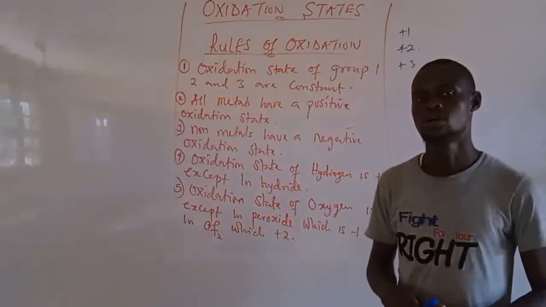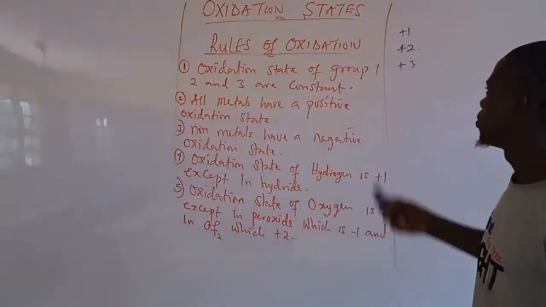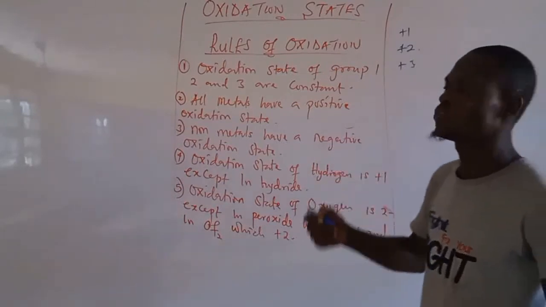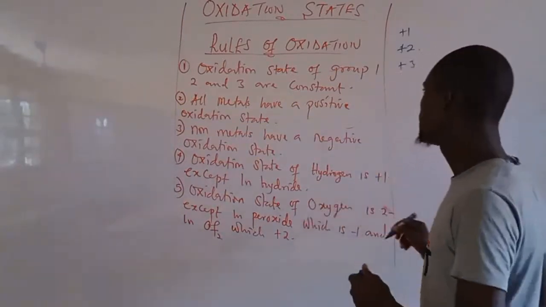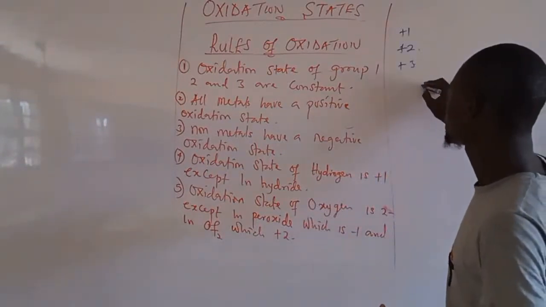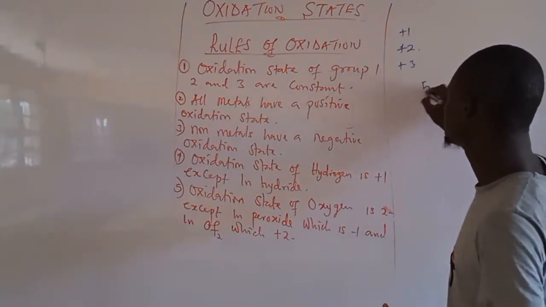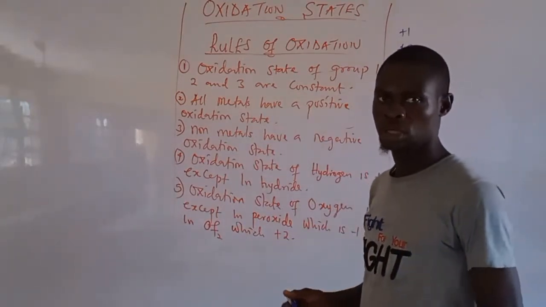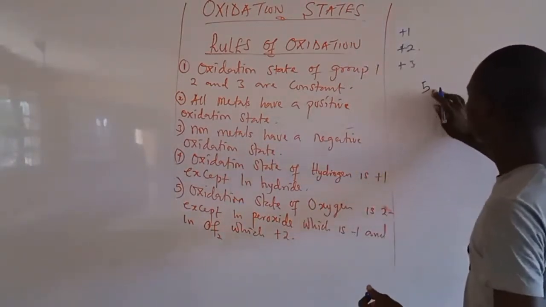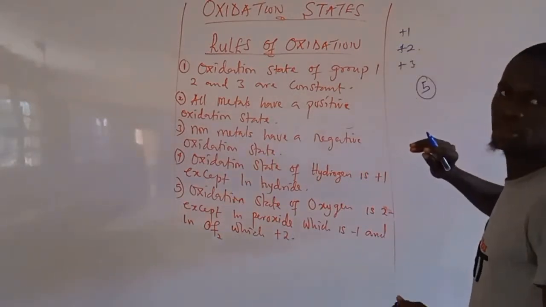All non-metals. Now, we know that the number of the oxidation state that they have depends on their group. For example, the group 5 elements, which are the nitrogen group, the group number is 5.